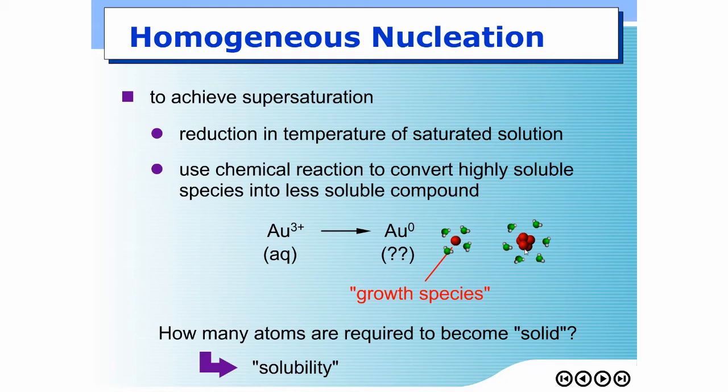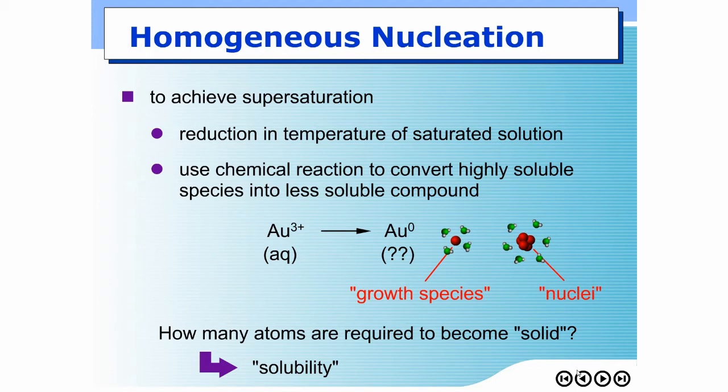Okay? We just change the notation from growth species to solid. That moment when the solid is formed is called nucleation. We start to form solid. At that moment, nuclei are formed. This group of the cluster is called nuclei. Okay? So the whole process here is what we call nucleation.